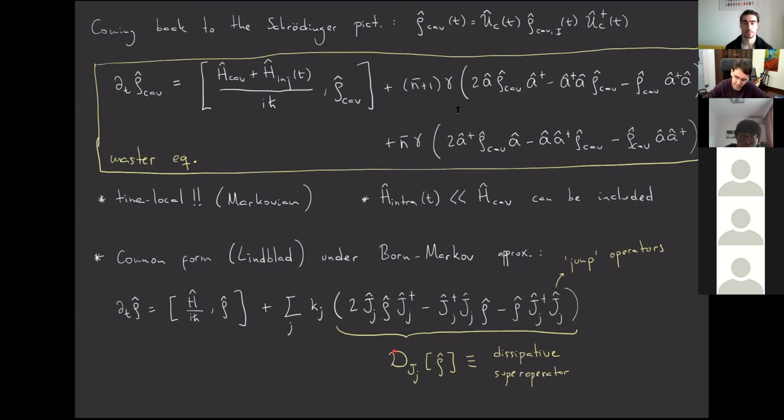At this point, it just looks like fancy terminology, but this vision of operators acting on the space of operators is actually the vision that motivates the most efficient numerical methods that we have to solve master equations of this type.